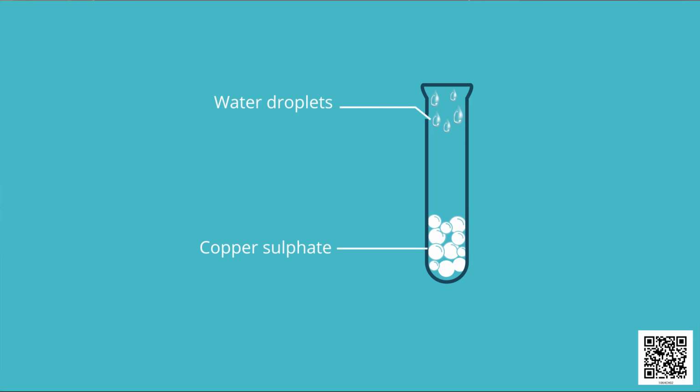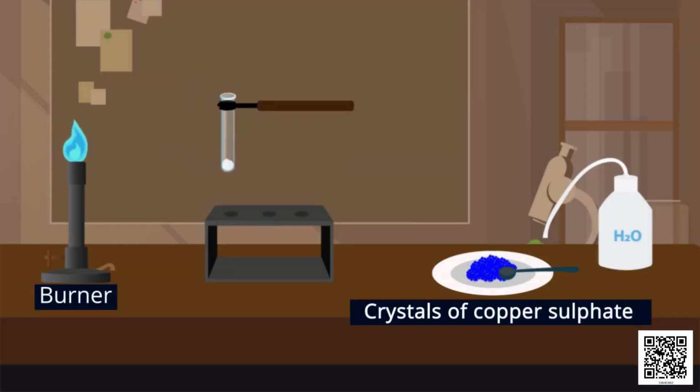Seeing these water droplets, are you not compelled to think where these water droplets have come from? Because we had taken dry crystals of copper sulfate. For the time being, I am leaving your questions unanswered because the next step of the activity will clarify all your doubts.